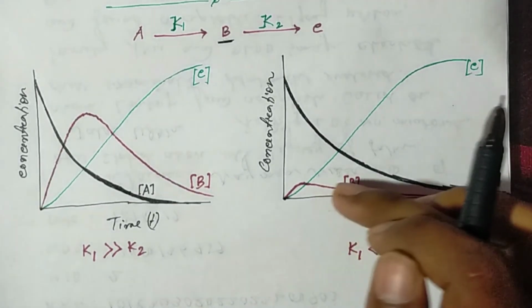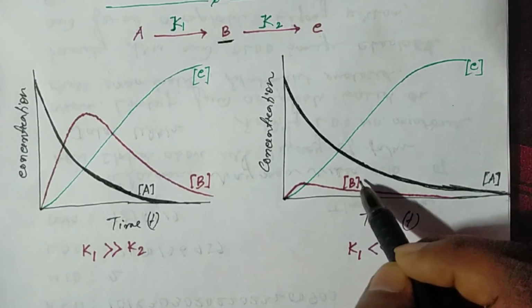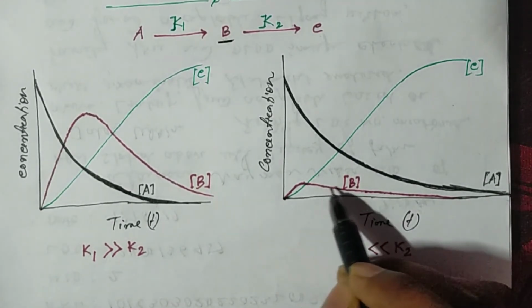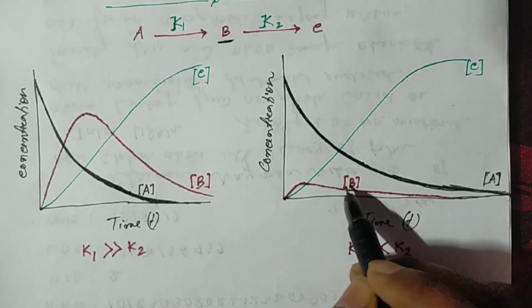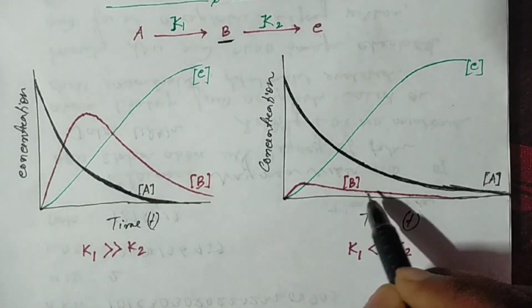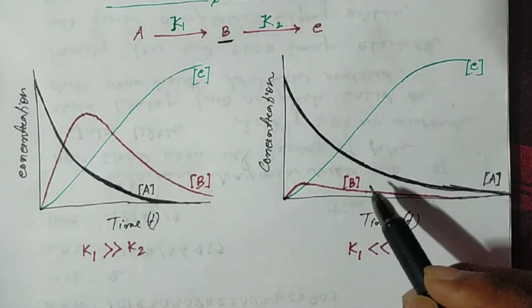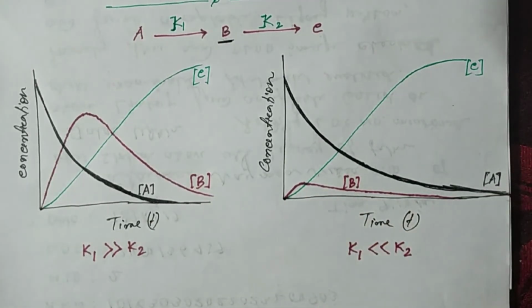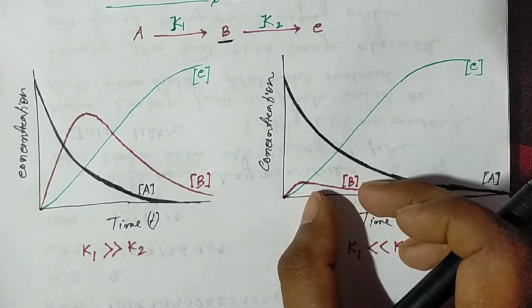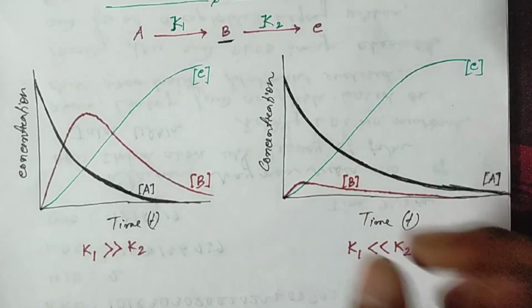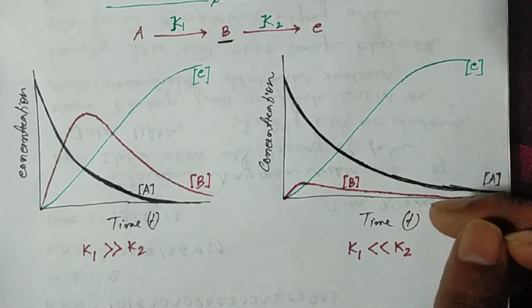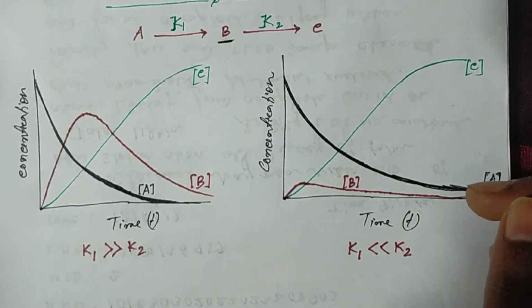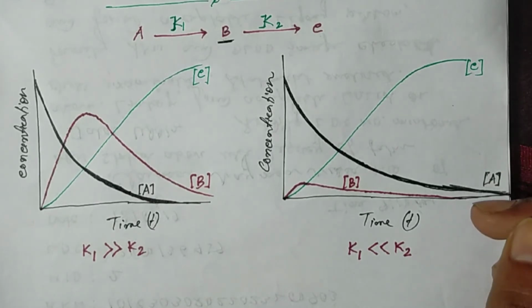That means there is no variation in the concentration of B. So there will be no change in concentration for a couple of time. That portion of the intermediate we can call the steady state zone.